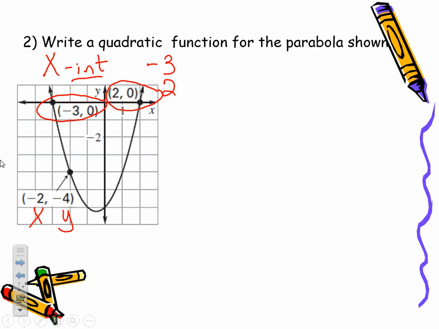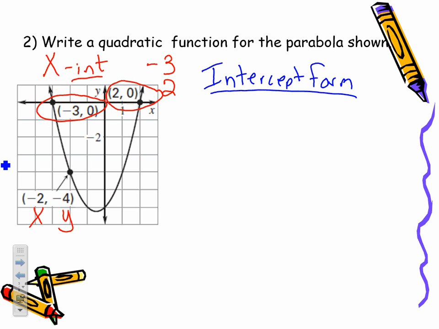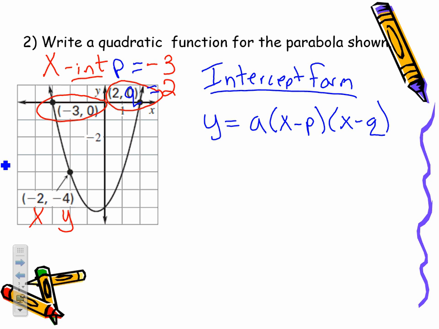So if you forgot, intercept form is y equals a times the quantity x minus p and x minus q. Now, p and q are our intercepts, our x-intercepts. So if we want to come back up here, we could say negative 3 is p and our 2 is our q. Okay, that's what those are.